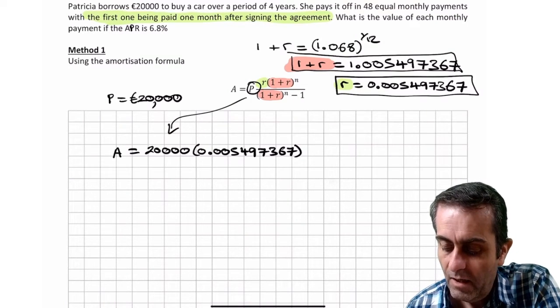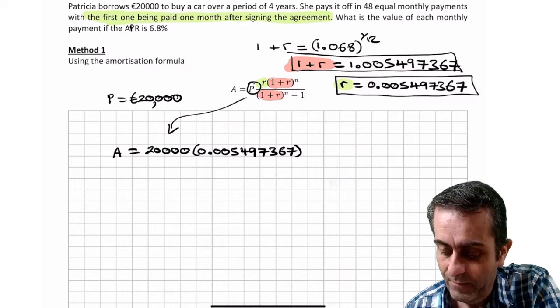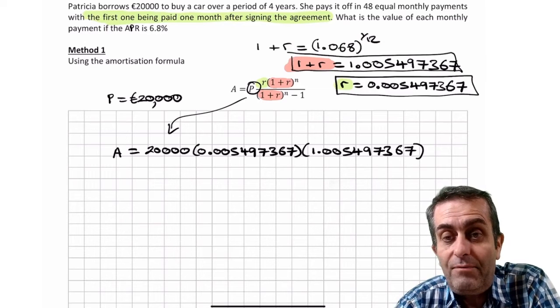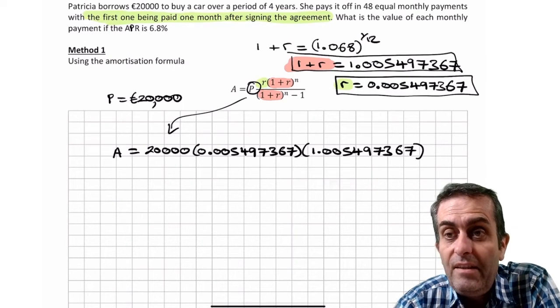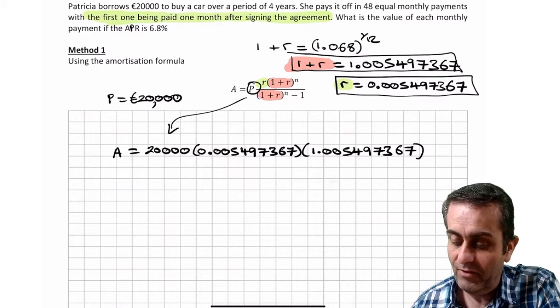Now we can see very clearly that small r is 0.005497367, multiplied by 1 plus little r to the power of n. That's 1.005497367 to the power of the amount of payments that this woman is actually going to make. Now Patricia is going to pay this car off in 48 equal payments.